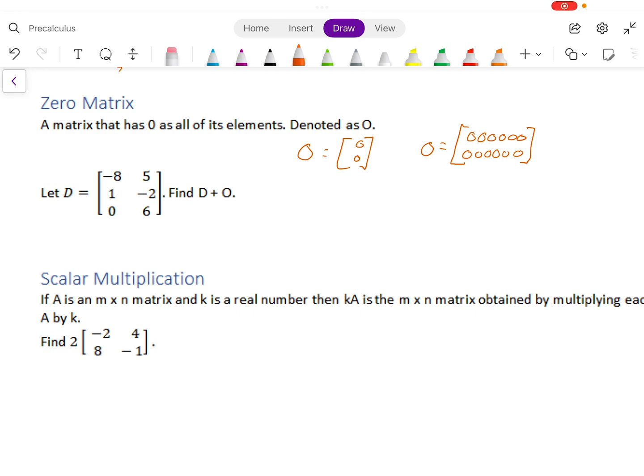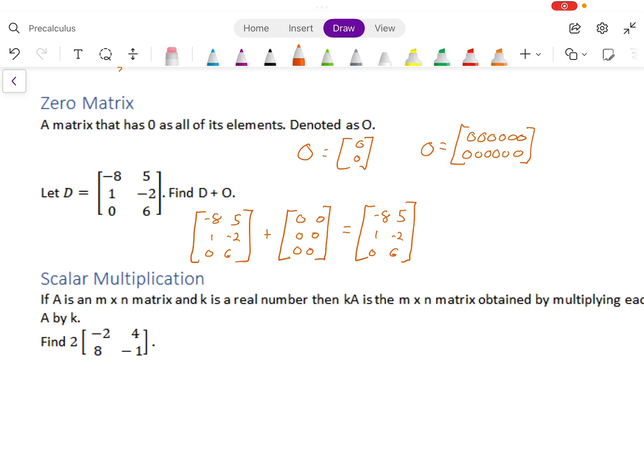Find D plus O. Well, in this case, O, if it's going to be added to D, needs to be the same dimensions. So it needs to be 3 rows by 2 columns. And if we add those, 0 plus anything is itself, so we get the exact same matrix. Nothing groundbreaking here.